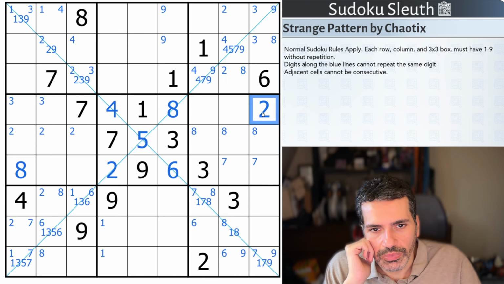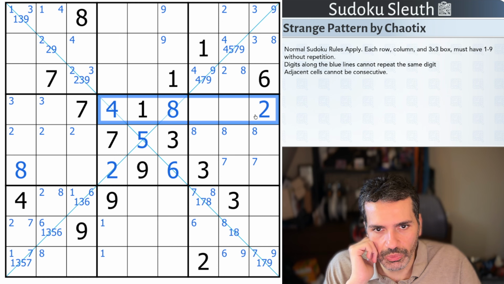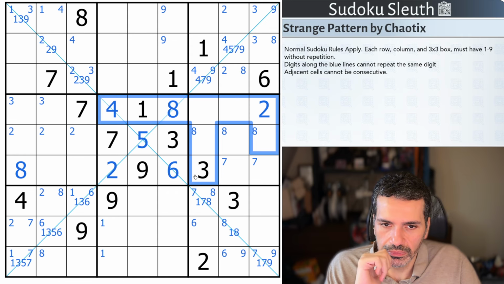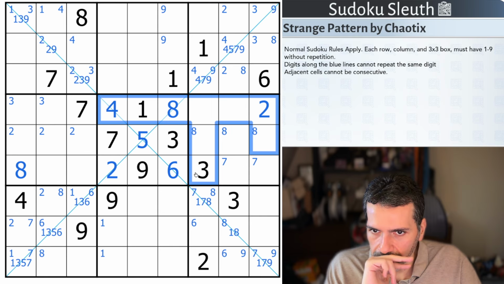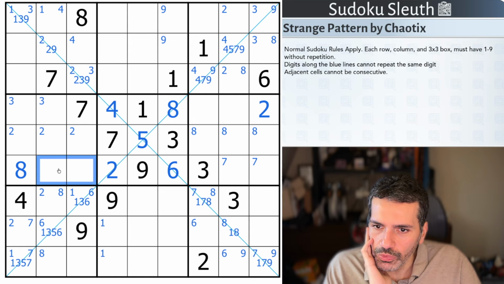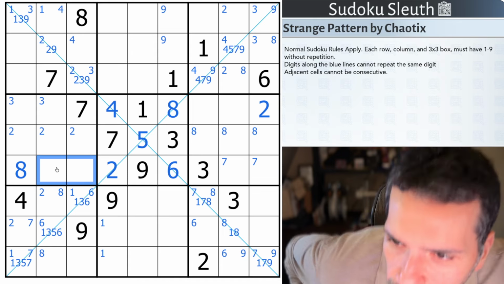So the 2 being placed doesn't help with the 1. Let's focus on when we have 2 cells rather than 3.